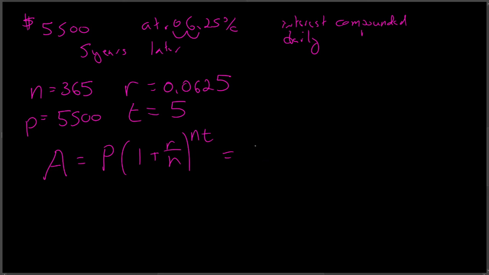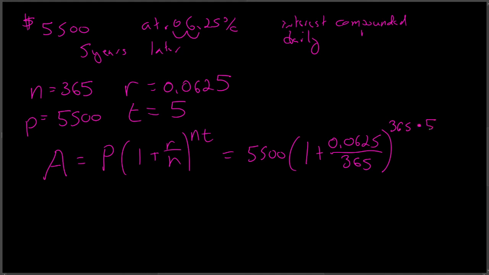So for this, the principal is 5,500 times 1 plus 0.0625 divided by 365 to the power of 365 times 5. I can't do any of this without a calculator. So I go into my calculator and I type all of this in. I use my parenthesis key and I use my up arrow key. Right?